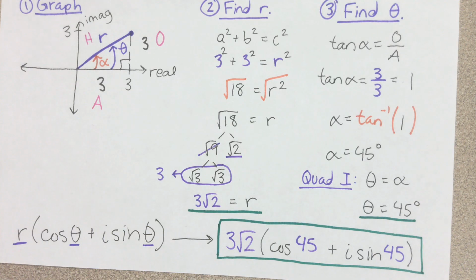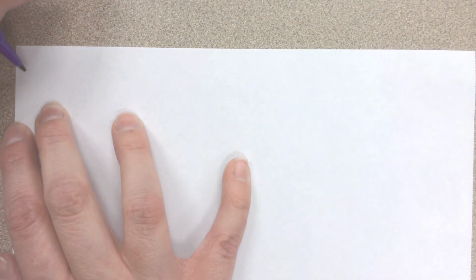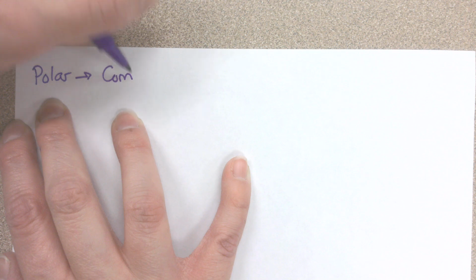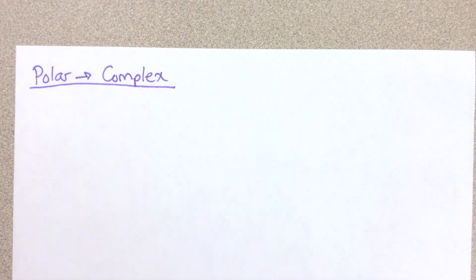That's polar form. All right, let's do the easier way, polar back to complex. This would be the final answer. Yep, that's the final answer. No calculator. No calculator. Polar to complex.